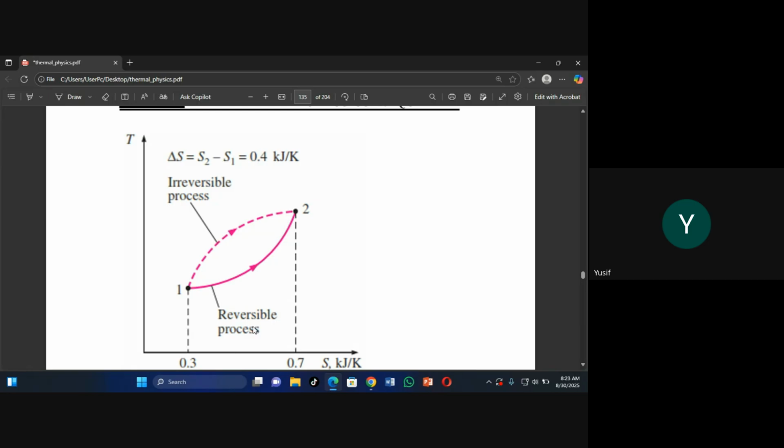And as we said, for entropy we always take the absolute one. So likewise, if you are going this way, is it the same thing? It's the same as 0.7 minus 0.3, and you are going to get 0.4. So entropy is a property, and it does not depend on the path. Whether reversible or irreversible, it's still the same. Okay.